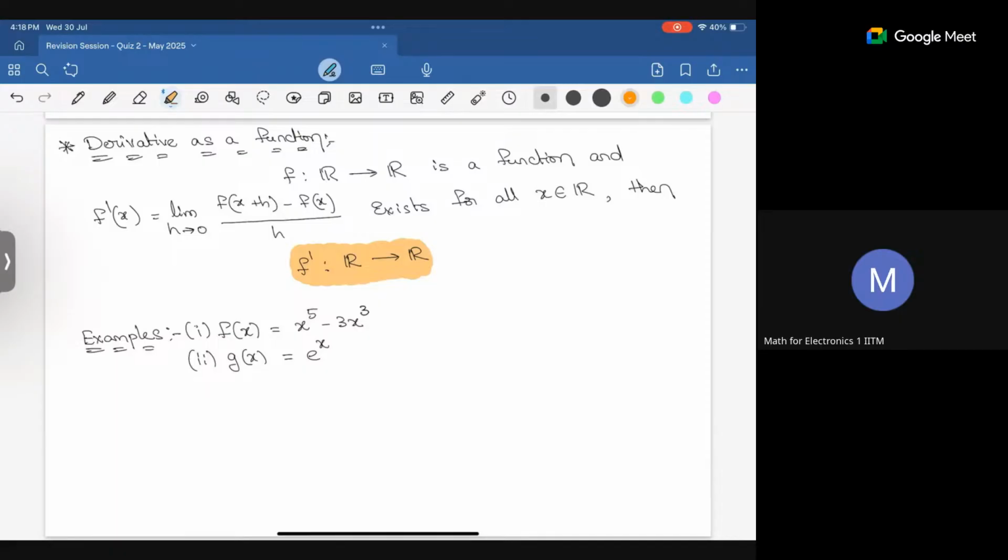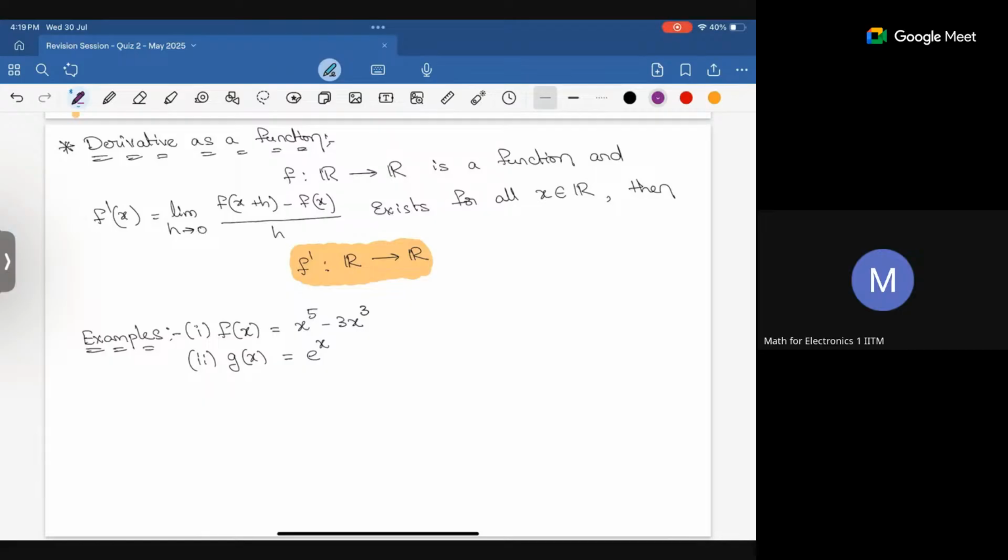Therefore, that will also give rise to another function. So a quick example: if f of x is x power 5 minus 3x cube, then it is a polynomial of degree 5. At every point you take, it will be smooth on the left hand side and the right hand side. There will not be any sharp turns.